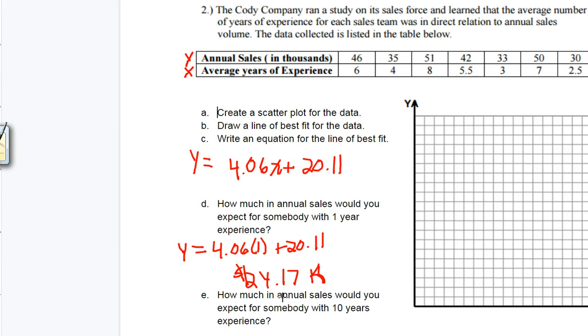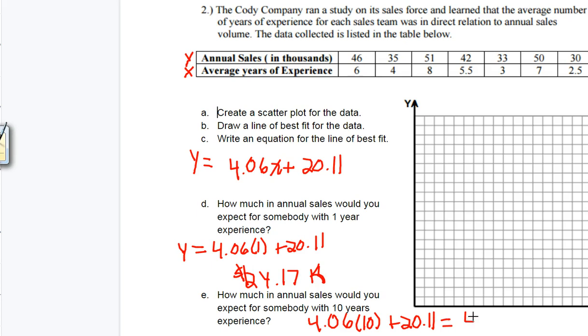How much in annual sales do you expect for someone with 10 years experience? Same idea, except this time I'm going to plug in 10 for my x. So that would be 4.06 times 10 plus 20.11.